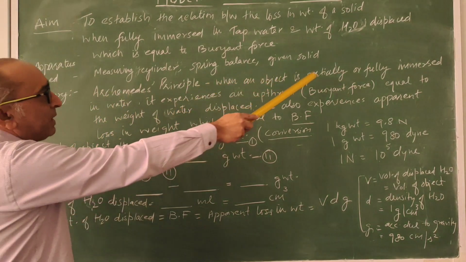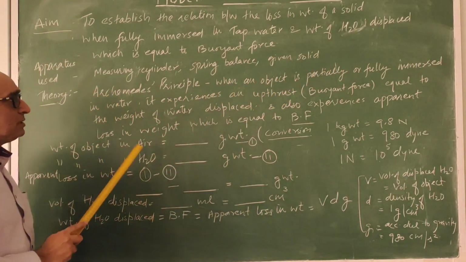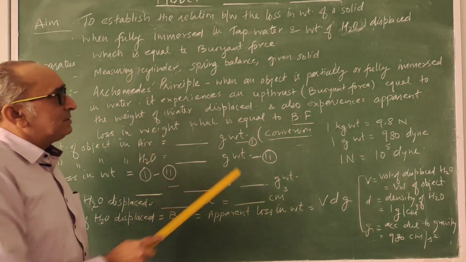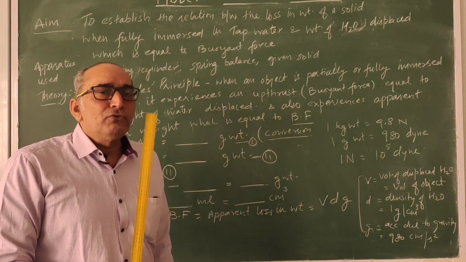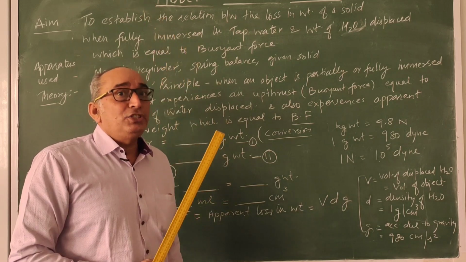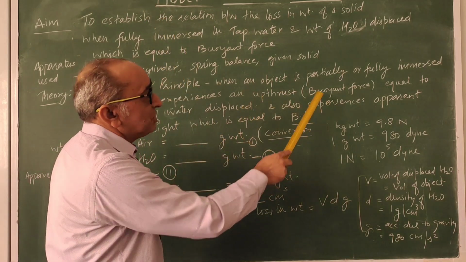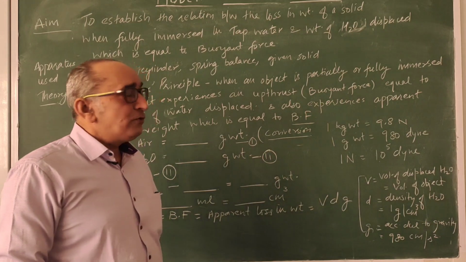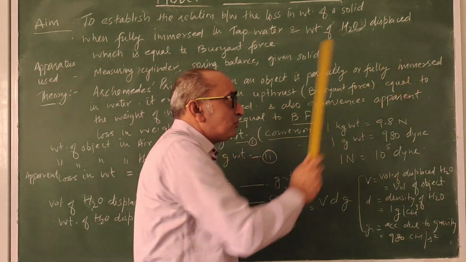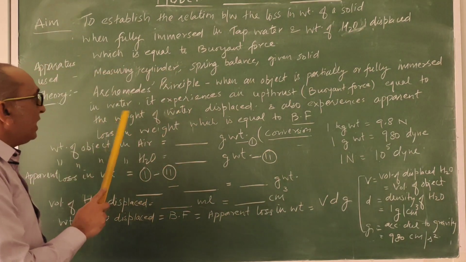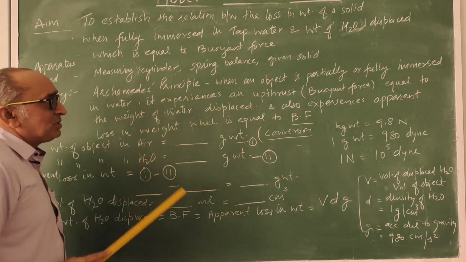When an object is partially or fully immersed in water, it experiences an upthrust. Upthrust means a force which is acting in upward direction, and that upthrust is called buoyant force. And that buoyant force is equal to the weight of the water displaced.